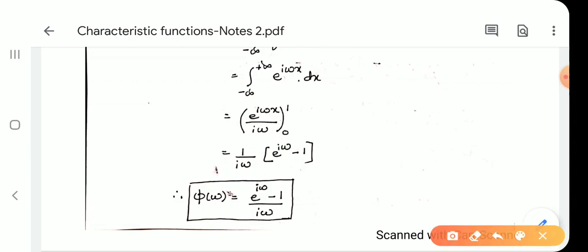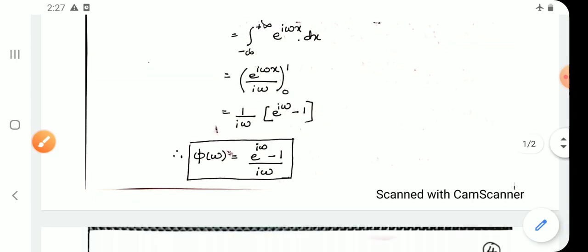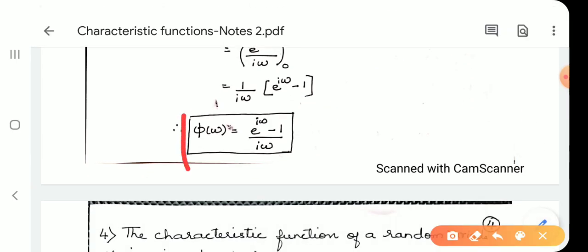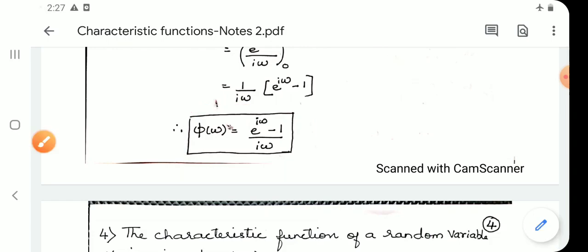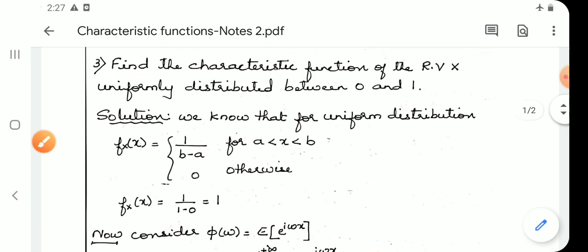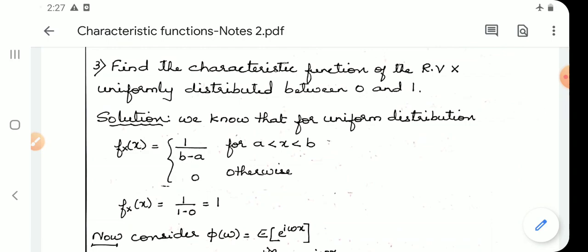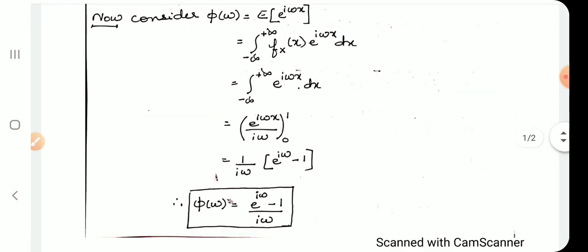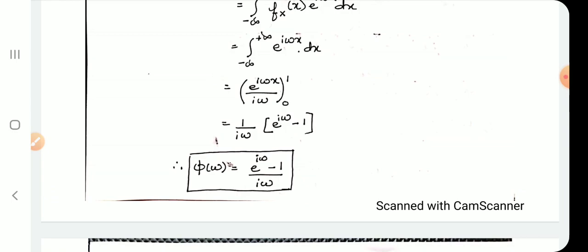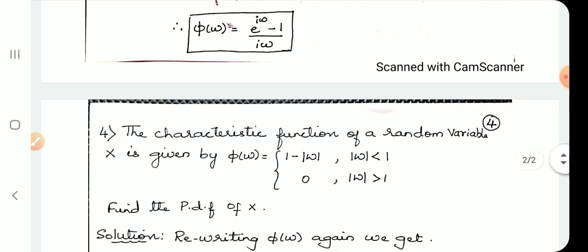Similarly, when x is equal to 0, e power I omega x becomes 1. So the final answer is phi of omega is equal to e power I omega minus 1 divided by I omega. So when we have a uniform distribution between 0 to 1, phi omega is e power I omega minus 1 divided by I omega.